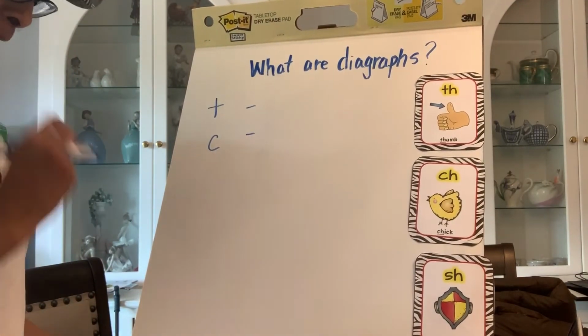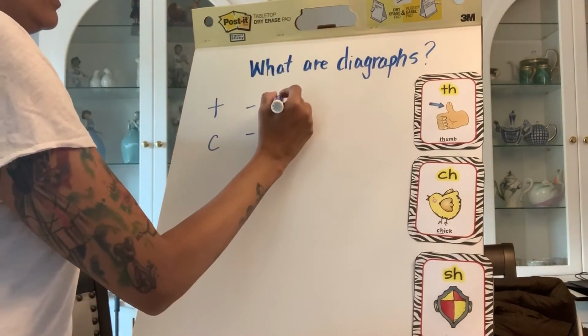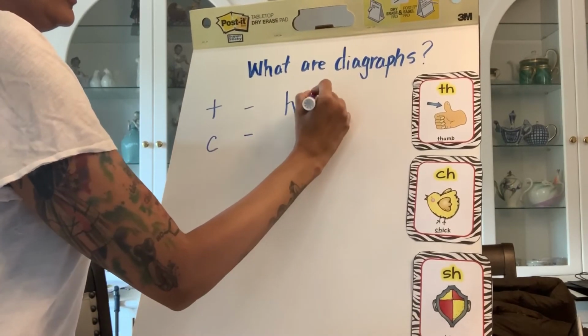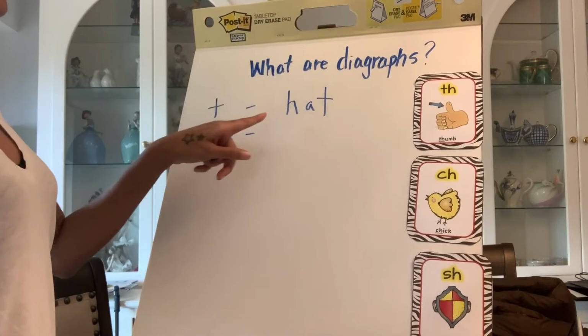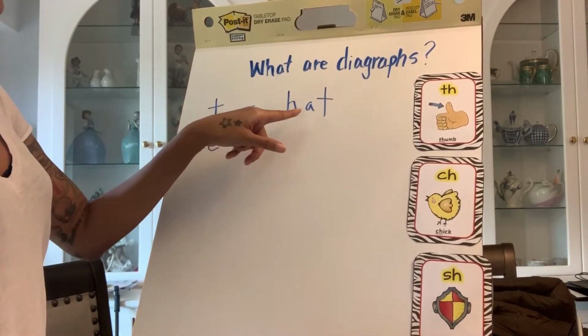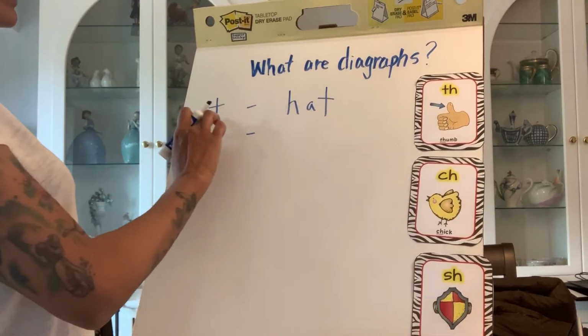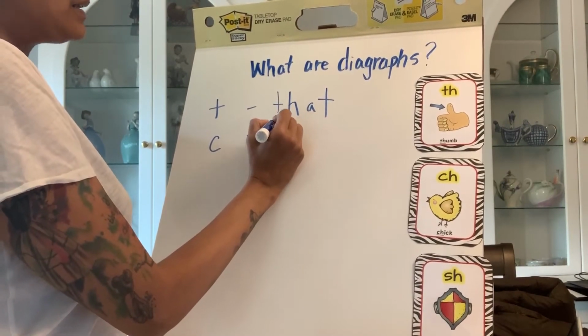So let's think of the word hat. H-A-T. When we go to read this word, we can sound out each letter: H, A, T. Hat. If we were to add this letter T, this would then become a digraph.